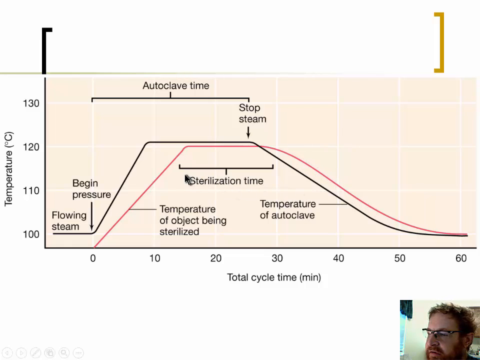What we need is a sterilization time, which is going to be 20 minutes of sterilization. So the gold standard of autoclaving something is to sterilize at 121 degrees centigrade for 15 minutes. There might be some materials that take a little more time than that, but it should work just fine.